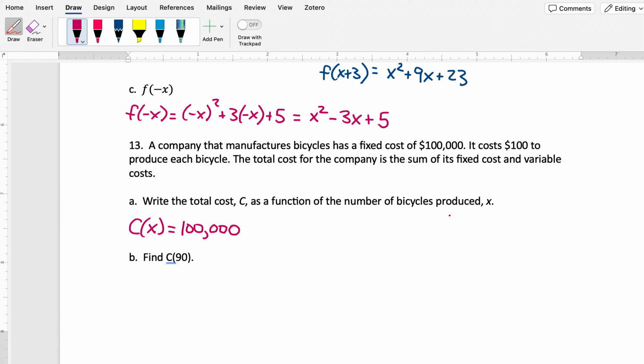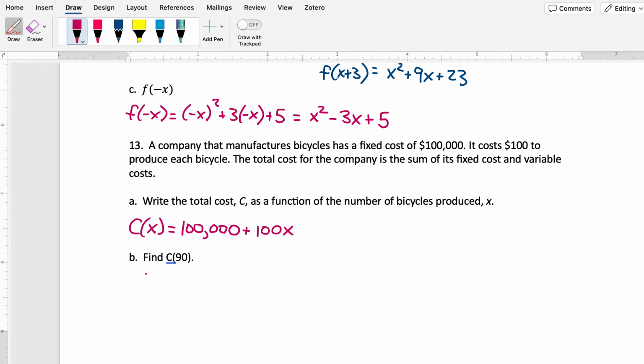So the number of bicycles produced is going to be multiplied by how much it costs to produce each bicycle. So if I make 5 bicycles, it's going to cost $500. 8 bicycles would cost $800, etc. So adding to my fixed cost is going to be additional costs of 100 times x. So the per bicycle cost is multiplied by the number of bicycles produced. The fixed cost is not multiplied by the number of bicycles produced.